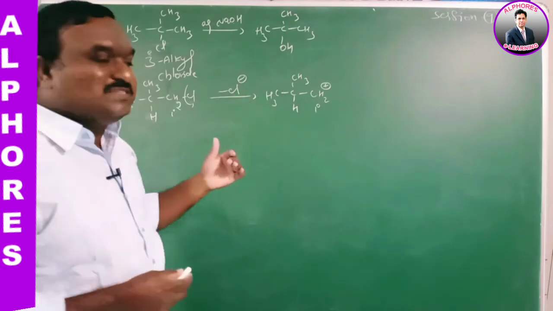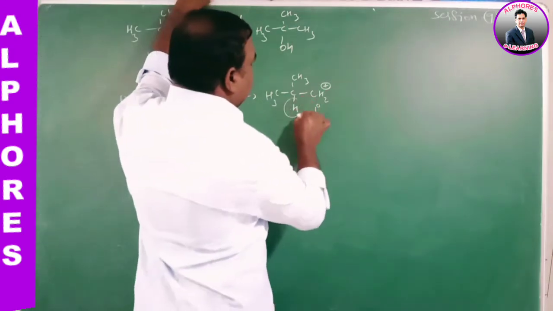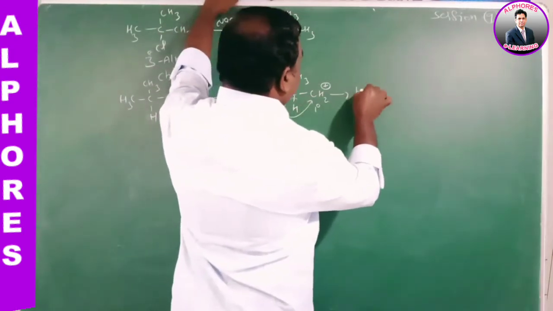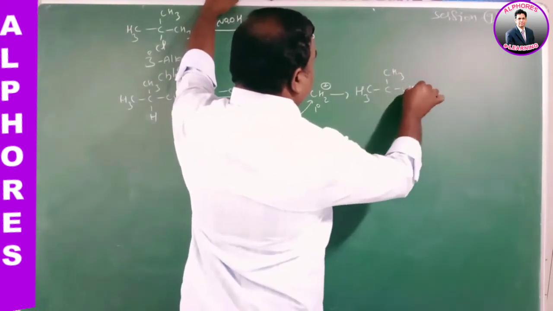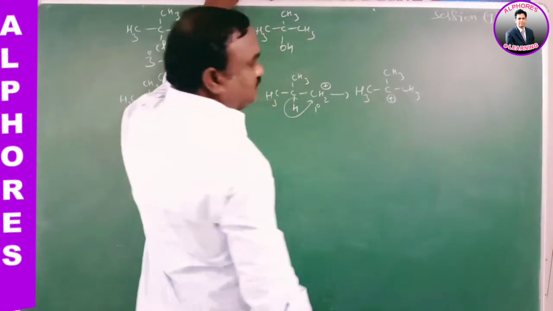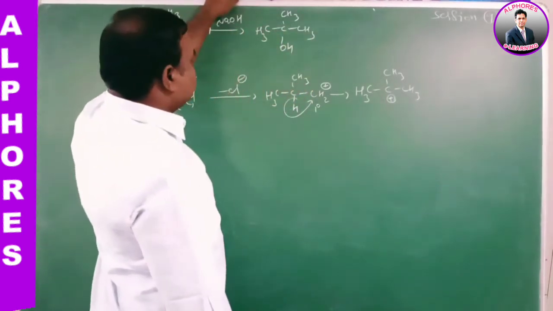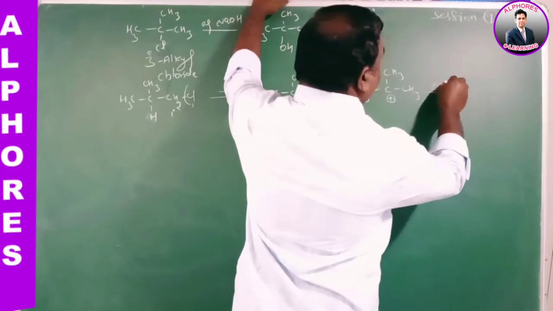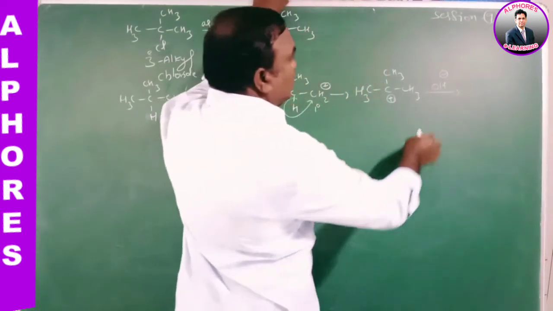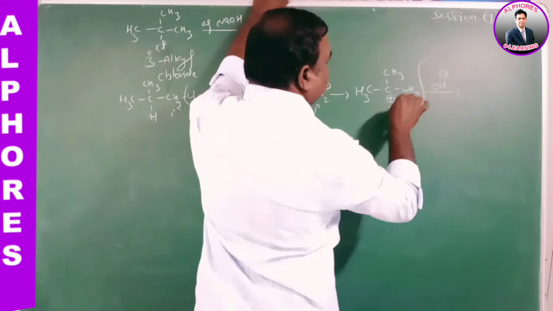Carbocation rearrangement is possible here, giving CH3, CH3, CH3 plus. The next step is the nucleophile attacking step.